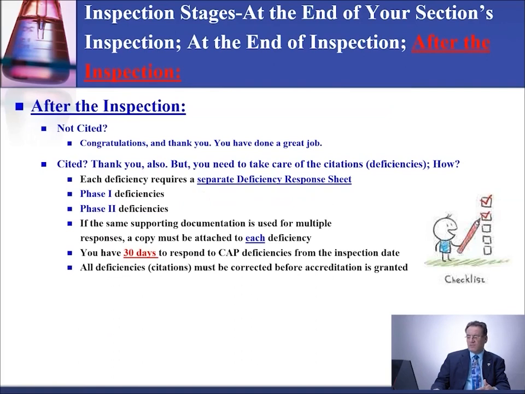For phase 2 deficiencies, you need to say you fixed it and you need to provide documentation for that. Now, if the same supporting documentation is used for multiple responses or citations, you need to make a copy of those and attach the copy to each citation or deficiency.